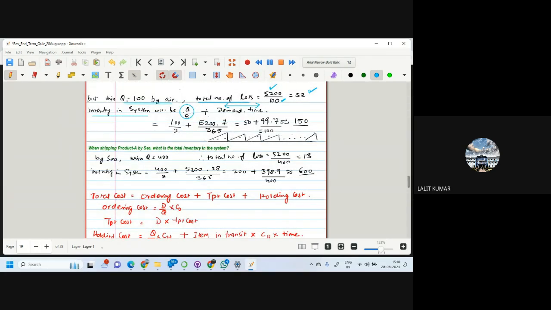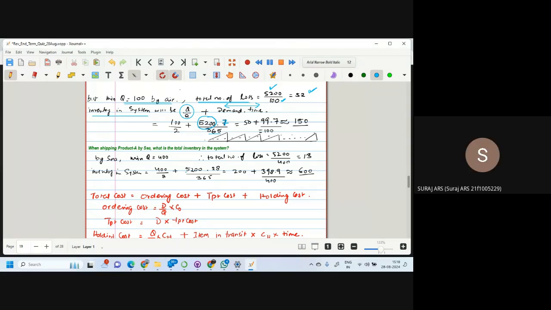Your full demand will be in transit for 7 days at some point of time. So the first part becomes 100 by 2. The second is total demand into 7, these are days, which you convert to a year by dividing by 365.